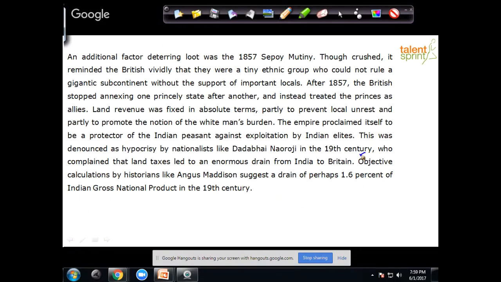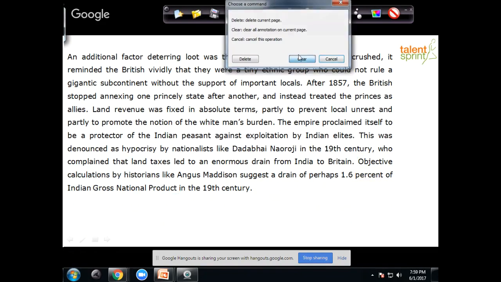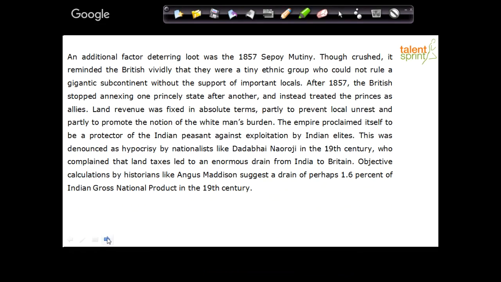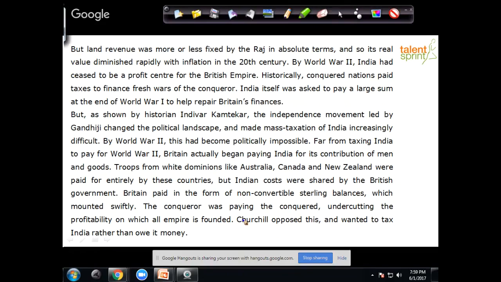Third, objective calculations by historians like Angus Maddison suggest a drain of perhaps 1.6% of Indian gross national product in the 19th century. Fourth, the conqueror was paying the conquered, undercutting the profitability on which all empire is founded. Churchill opposed this and wanted to tax India rather than owe it money.